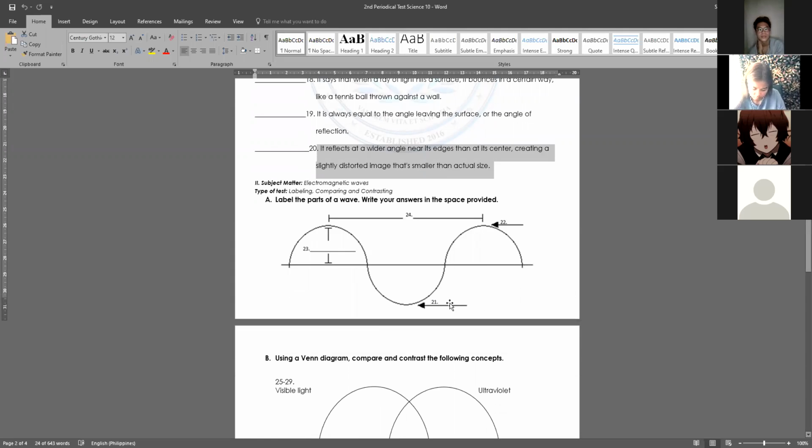Test 2A is labeling. Okay, we need to label. Number 1, let's have Rachel. Number 21, rather. Trough. Correct.